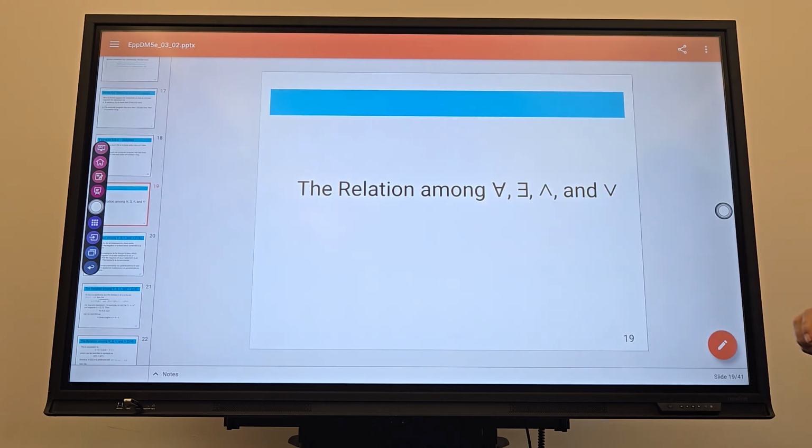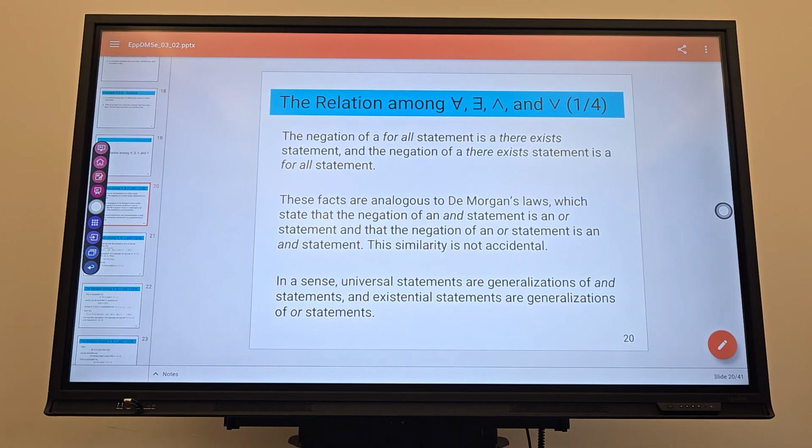And the relation between the universal quantifier, the existential quantifier, and or. Negation of a for all statement is a there exists statement, and negation of a there exists statement is a for all statement.